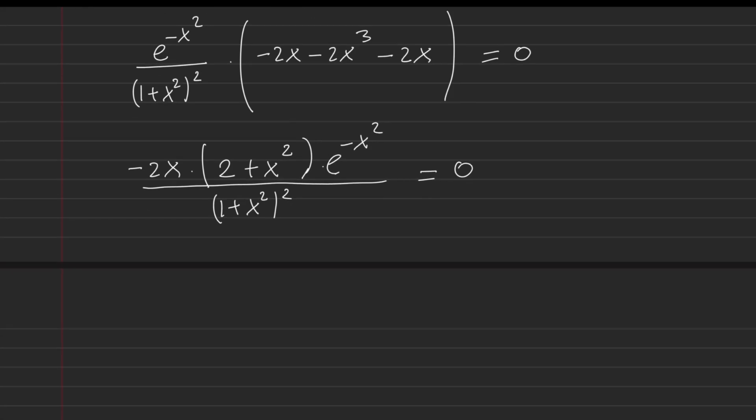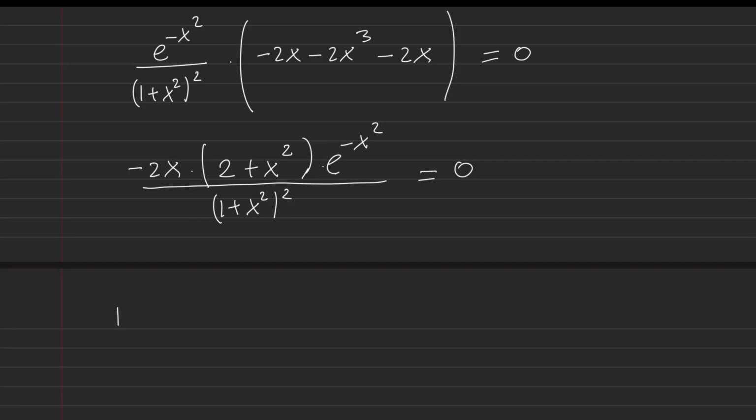Now, what are the terms in this expression that can be 0? So, e to the minus x squared can never be 0 because it's an exponential. So, I don't have to take care of this. The denominator is (1 plus x squared) squared, and 1 plus x squared is always positive. Why?